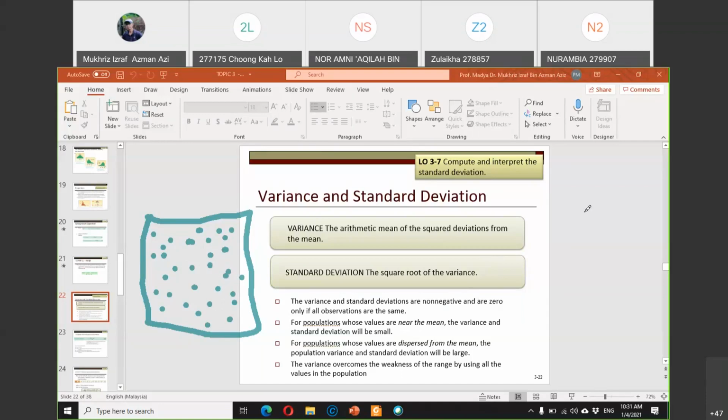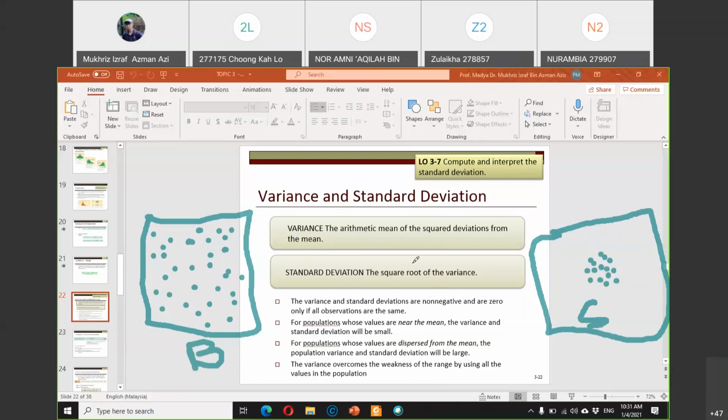But if you put the salt or the sugar very close to each other, just at one place, that bunch of salt or sugar that you take from the container, not spread out like the other one, then the variance will be small. In the spread case, the variance will be big. So that is the same idea here.